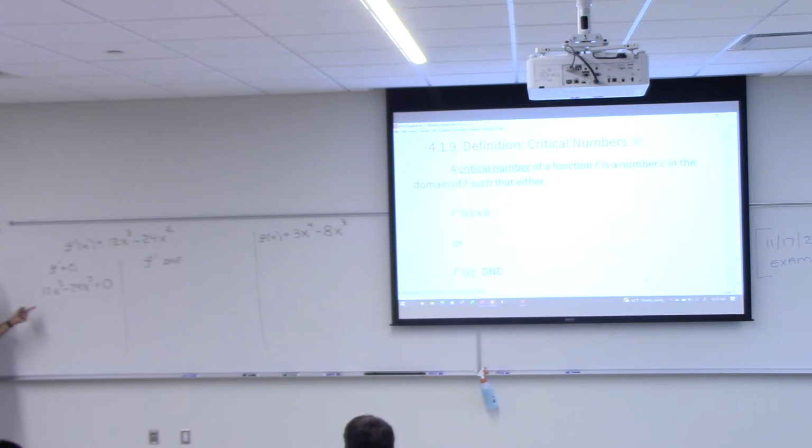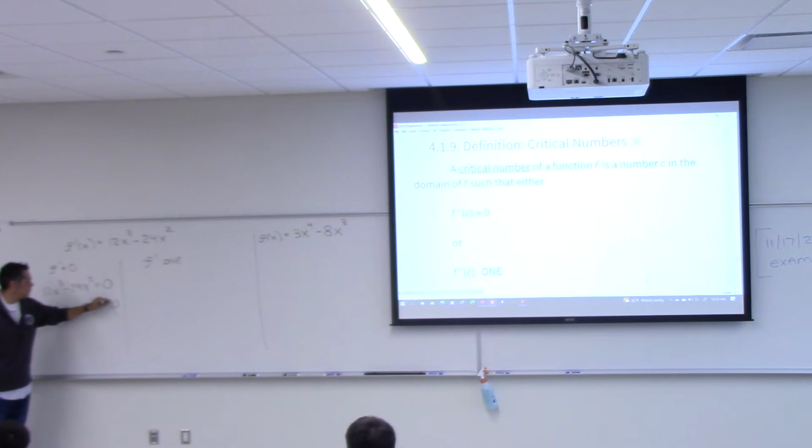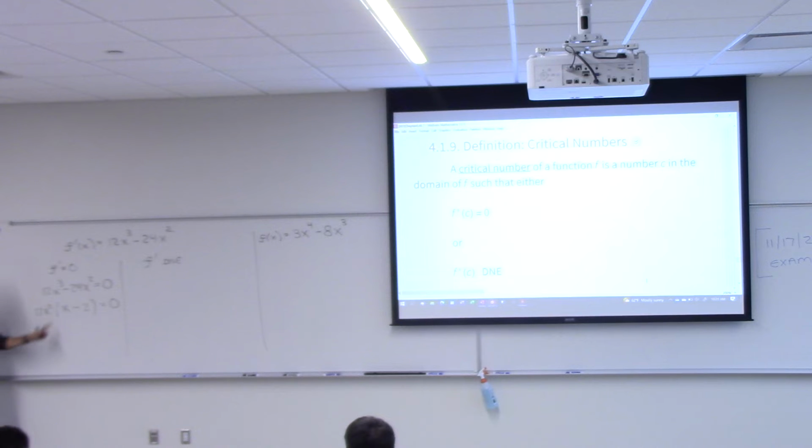And this right here may look bad, but it's just a polynomial, and I made it so that it factors. GCF first. What's the GCF of this? You can pull out a 12 and an x squared, and that leaves you with x minus 2 equals 0. And then you set both of those equal to 0, and you get two solutions, right? 0 and 2.